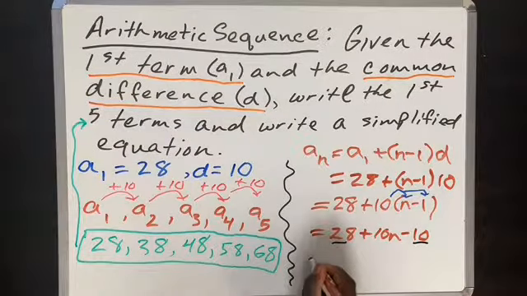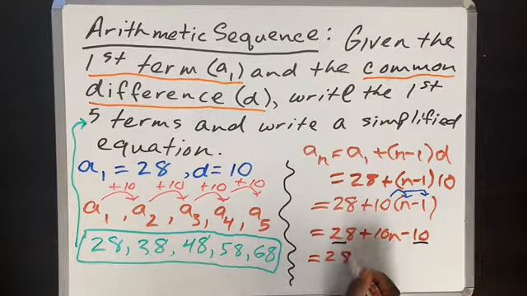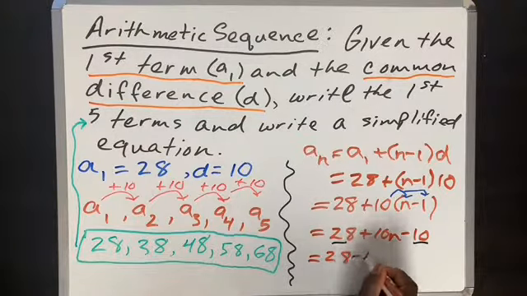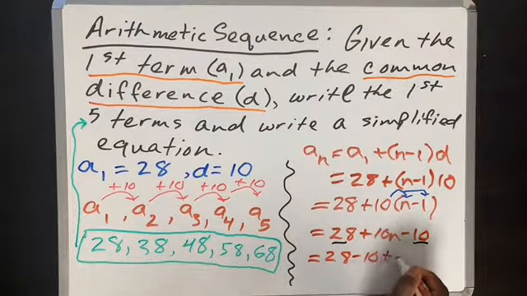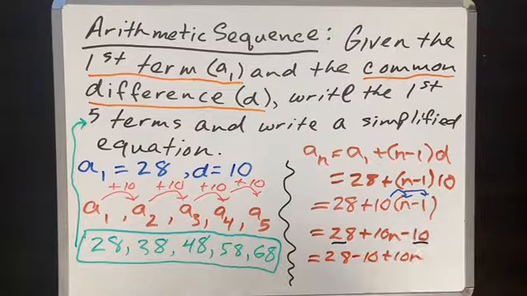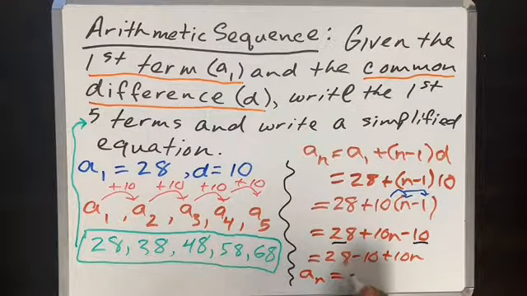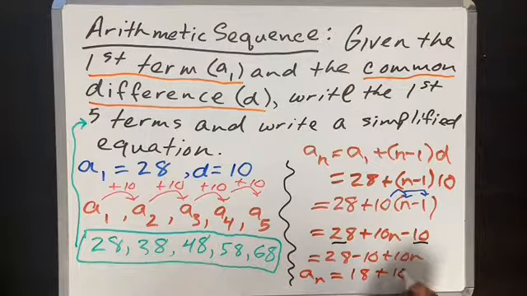So I'm going to write equals 28 minus 10 plus 10 times n. That's all I did, was just bring the like terms together. Now the final step, we have a sub n equals 28 minus 10 is 18 plus 10 times n.